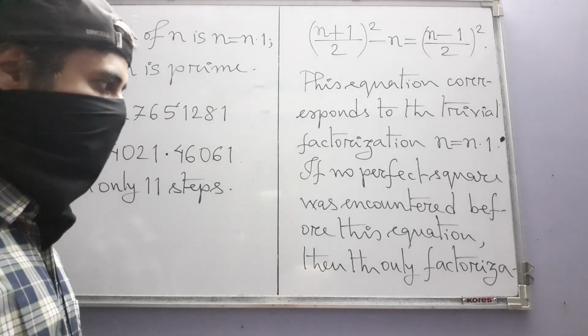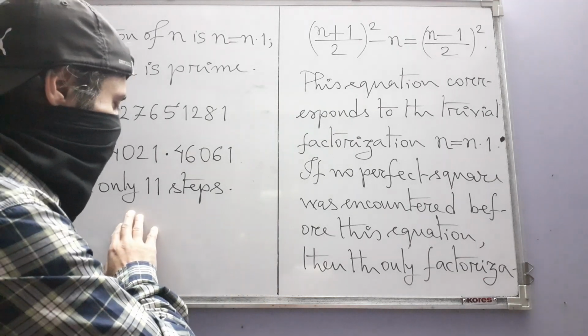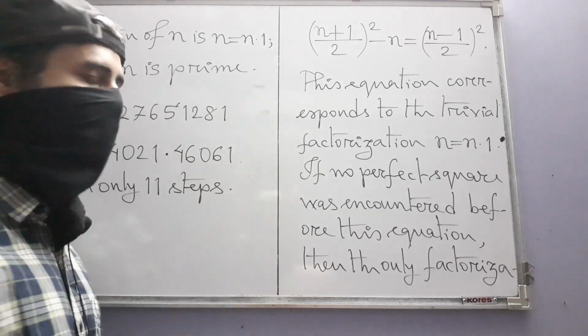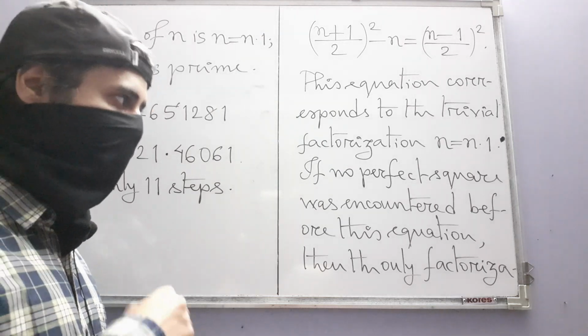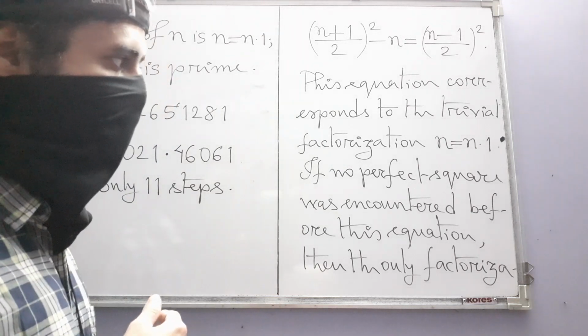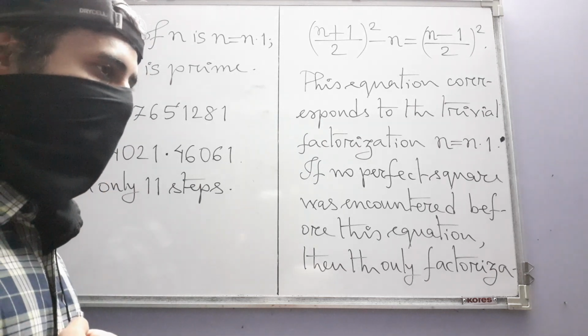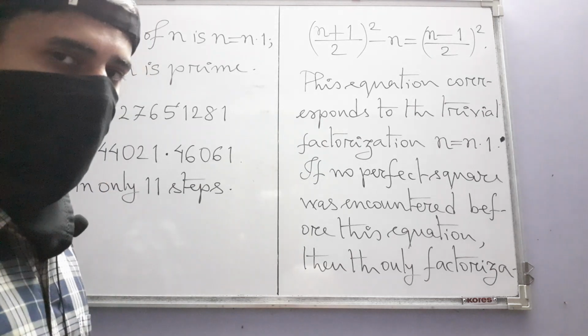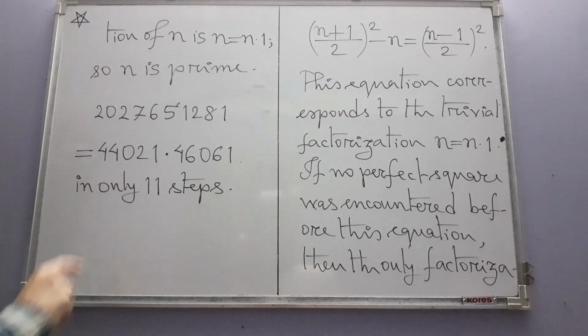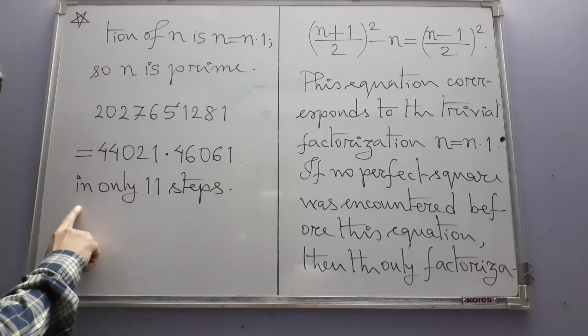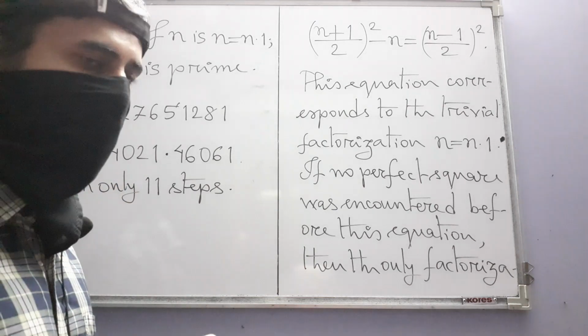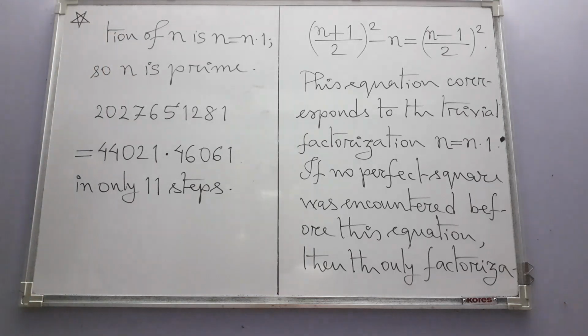But it's not always that one will get factors in so few steps. Actual factors may come out after applying this method, and it may take many steps actually. This is a favorable case which shows that in some cases this method is a very good method.